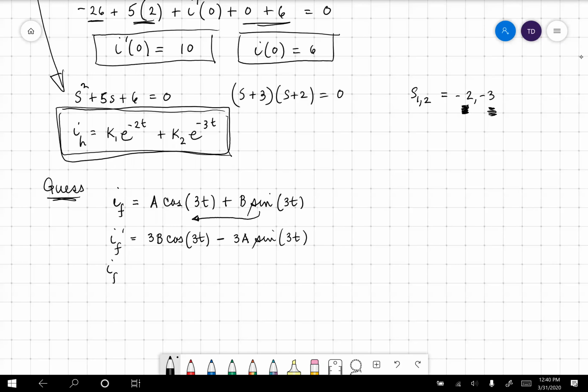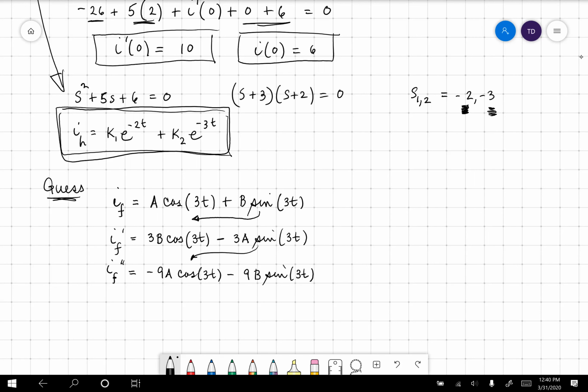Then i_F double prime, and do the same thing. The sine is going to give me the cosine. And so when I take that derivative, I'm going to get minus 9a times the cosine of 3t. And then I'm going to get minus 9b times the sine of 3t.